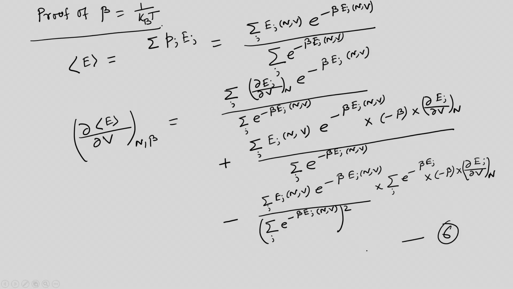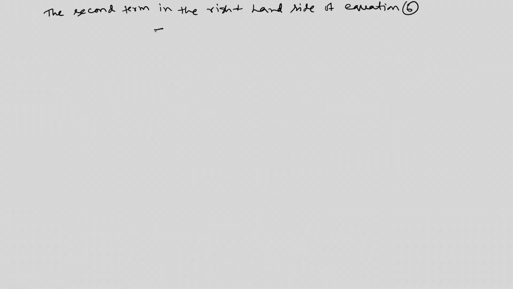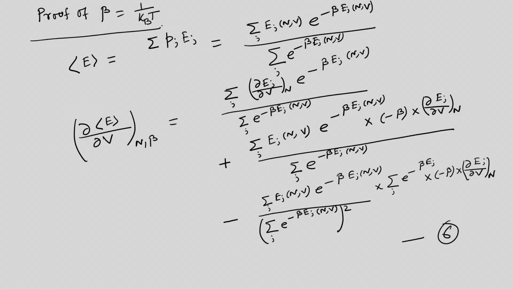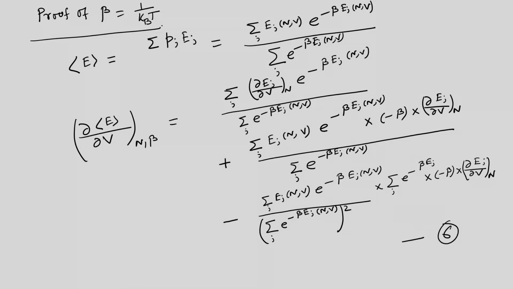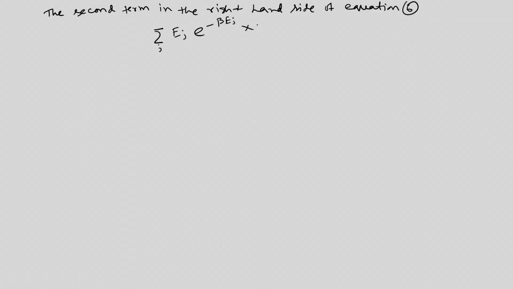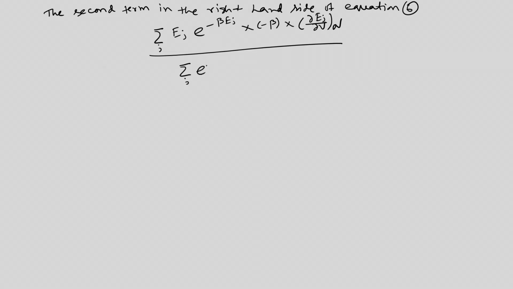What we have is sum over j Ej e to the minus beta Ej, and then times minus beta, and then times del Ej by del V at constant n, and then we have the sum over j e to the minus beta Ej.